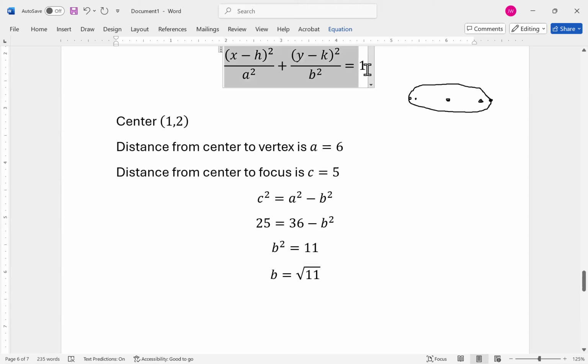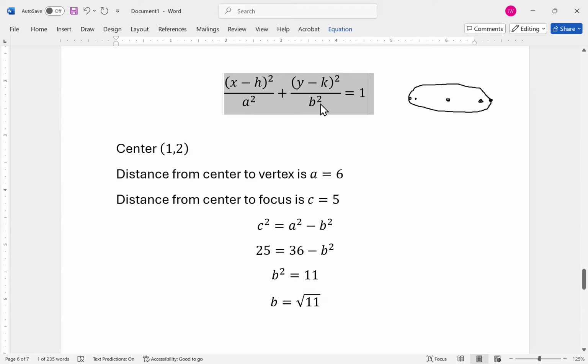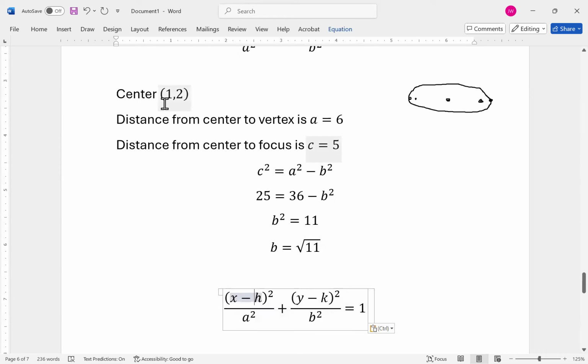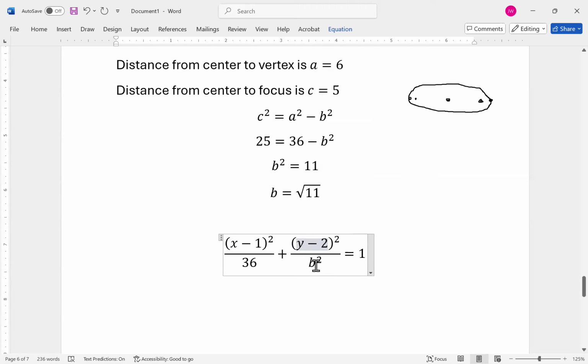Now I'm ready to write my equation. Conveniently for me, I'm using a B squared in the denominator. So we get x minus 1 quantity squared divided by a squared. A squared, 6 squared, that's 36, plus y minus k squared. K here is 2, so y minus 2 squared, and then I divide by b squared.